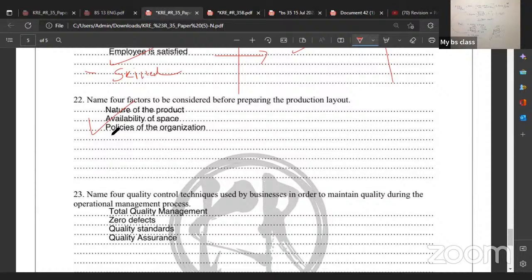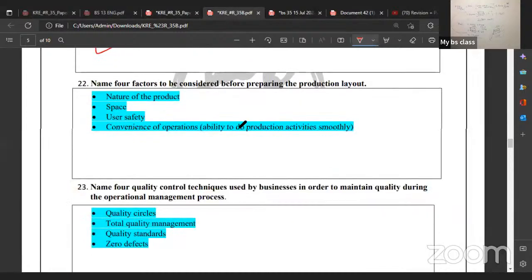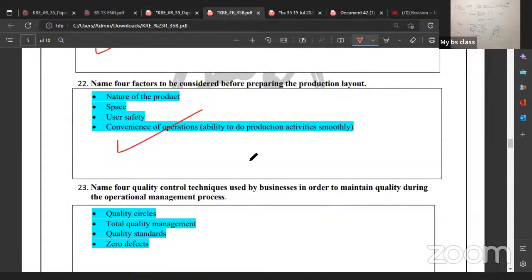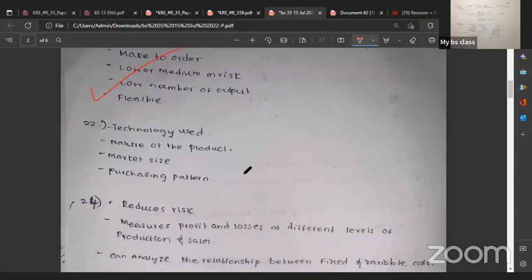What sort of investment will we be making. So you have 4 factors right: nature, space, user safety, very good. Convenience, operations, yes. Safety, environment, we can add safety here. Technology use, nature of the product, market size, yes.